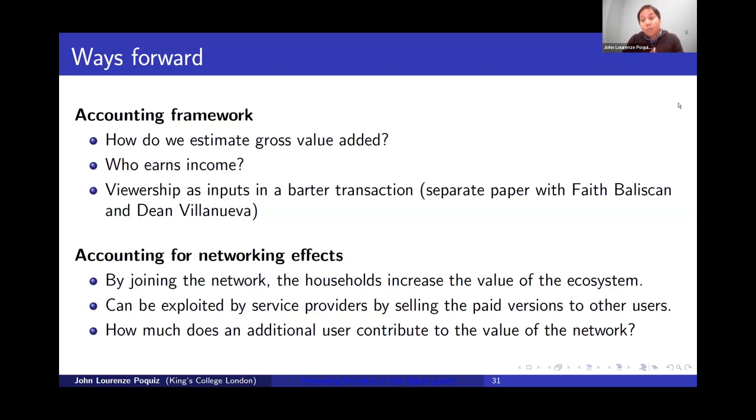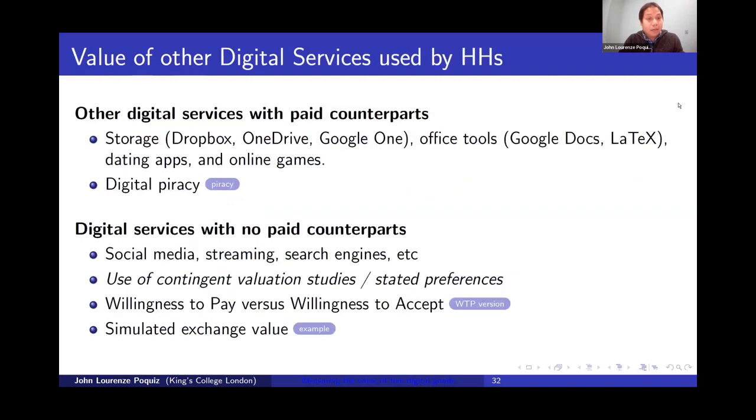They want the network for Zoom to be large, so that they can be palatable for premium users. So that has to factor in somewhere, and we're thinking about incorporating that in a theoretical framework, and maybe think about how to work out the value of the network effects.